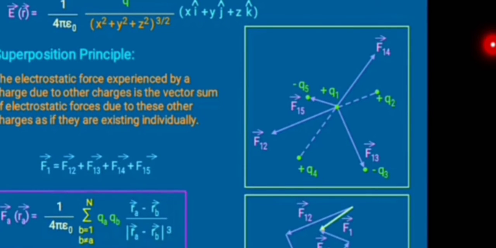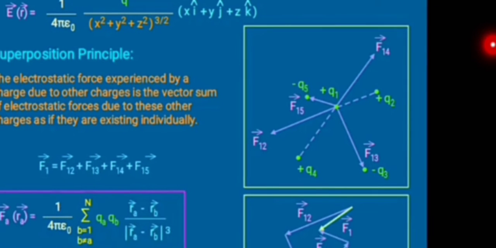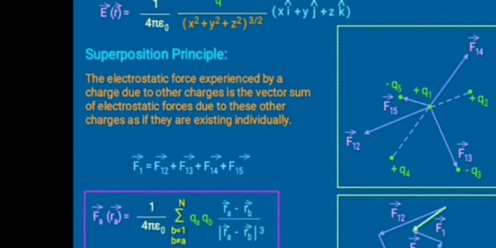Electric field in terms of coordinates, if many system of charges are present, is given by the superposition principle.